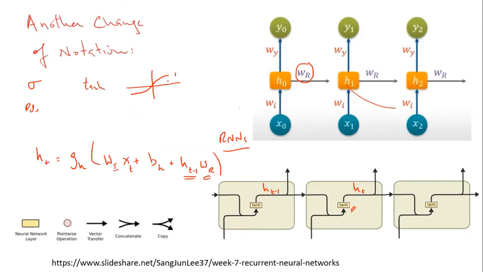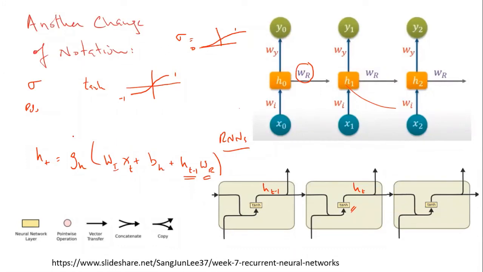It goes up to +1 and -1. Now sigmoid goes from 0 to +1, right? Where do you think tan H is used and where do you think sigmoid is used? What's the difference between these two?